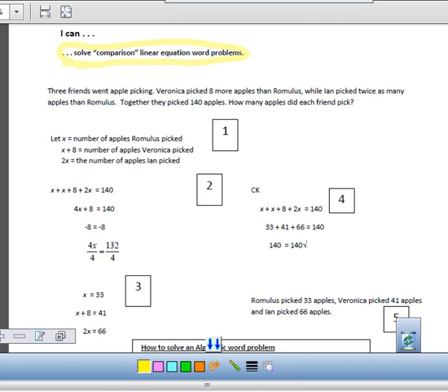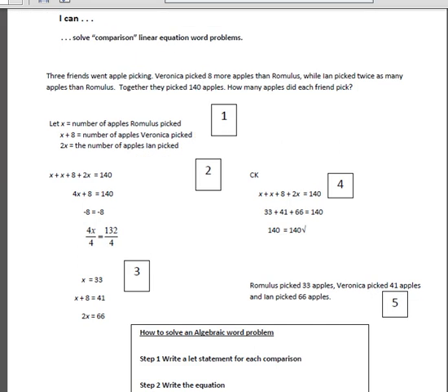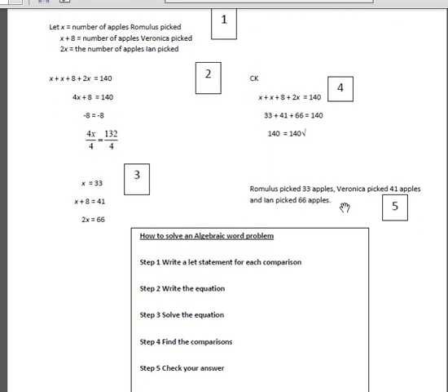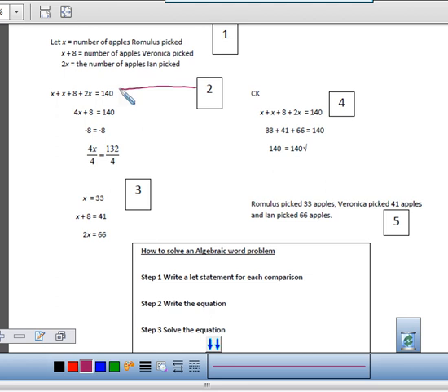First thing I want to do is point out the steps that we're going to be doing and correct some things that you see. So it says 1, write a let statement for each comparison, and the 1 is next to the correct part to this. 2 is to write the equation, so that's this part here, so draw an arrow to that. 3 is to solve the equation.